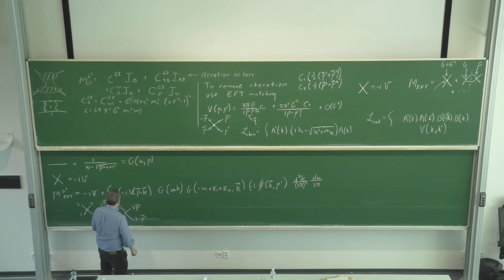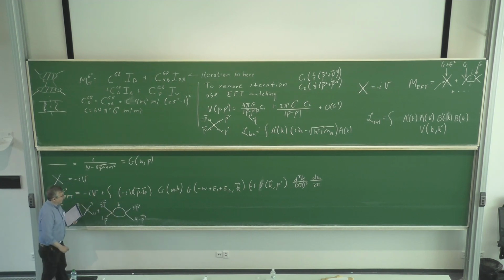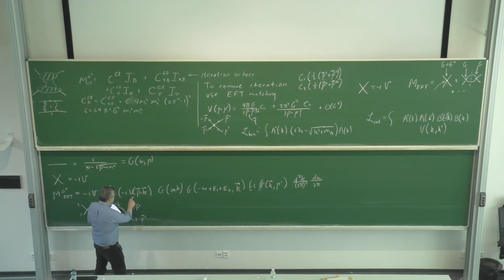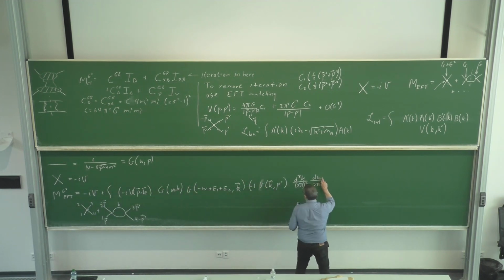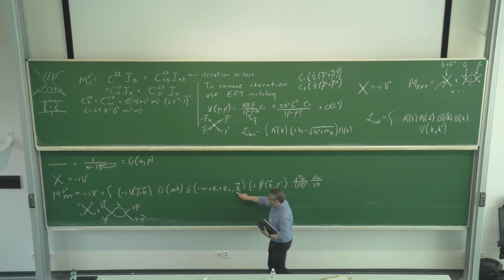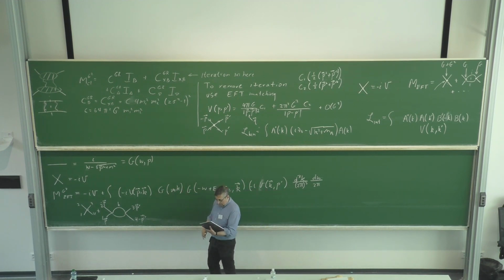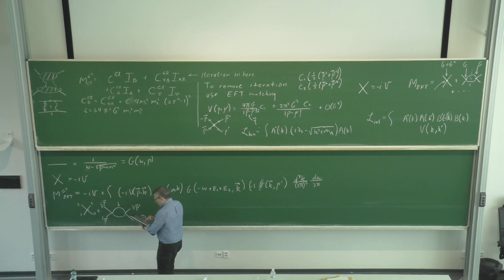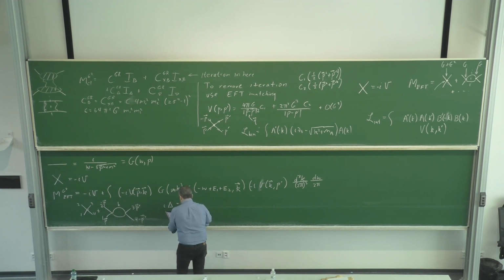So first thing is these vertices do not know about the energy omega. So the omega integral only knows about these propagators. So I just have to do that integral. Let's define I delta over E equal to the integral d omega over 2 pi.